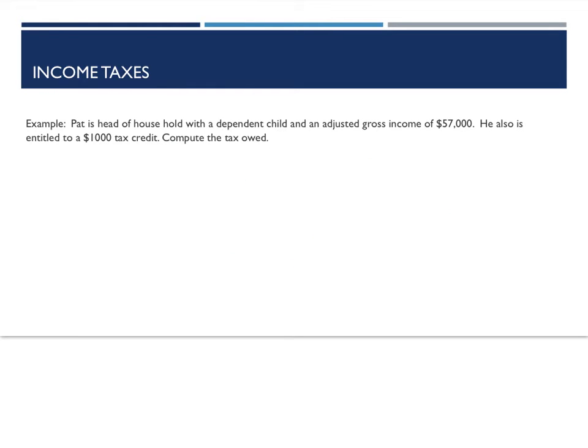So let's look at Pat. Pat is head of household with a dependent child and an adjusted gross income of $57,000. He gets a tax credit of $1,000. We want to compute the amount of tax he owes. First of all, you don't go to the tables with adjusted gross income. We need taxable income.